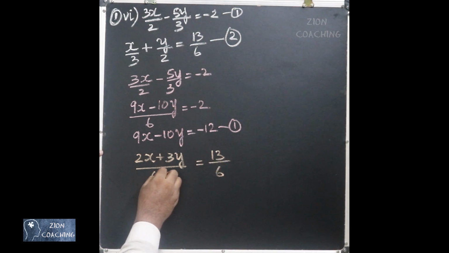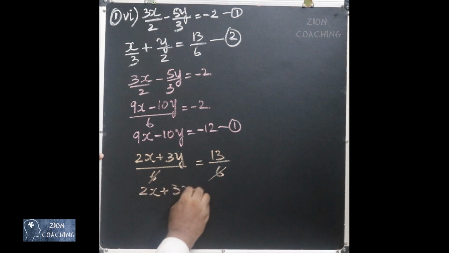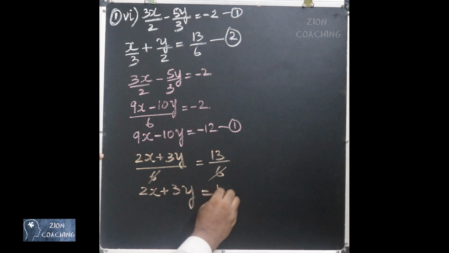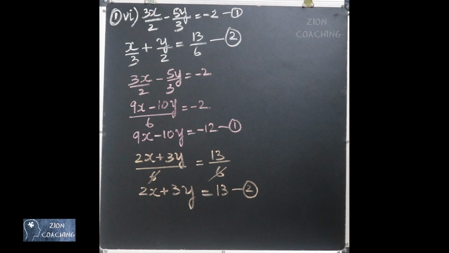Now denominators on both the sides are same, which can be cancelled. Then you have 2x plus 3y equal to 13. Now we have brought the second equation also to the general form. We have 2x plus 3y equal to 13.